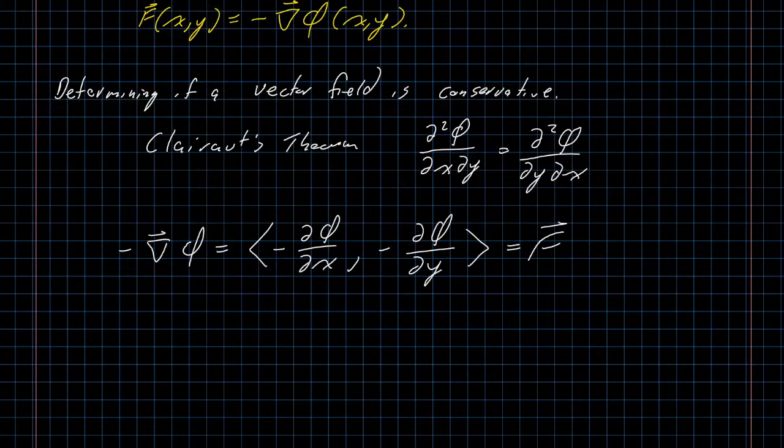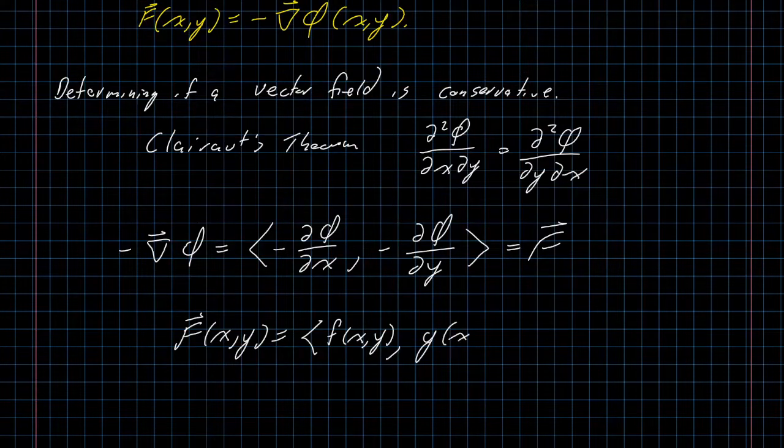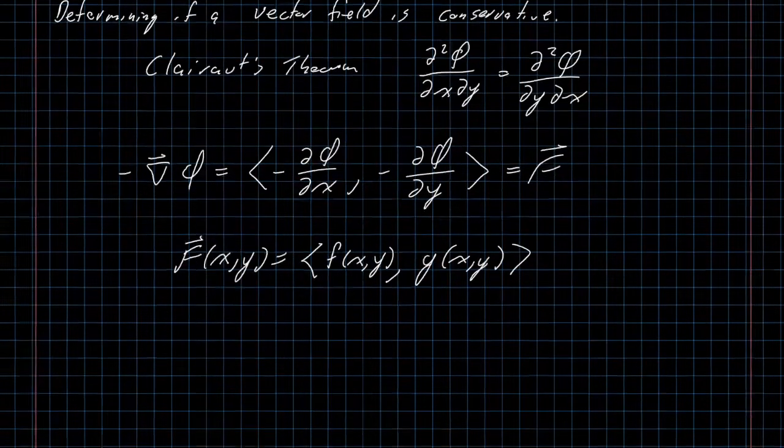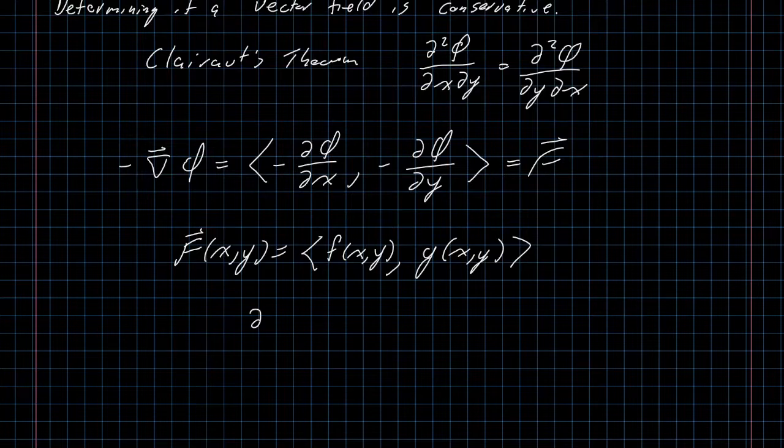So if we take our vector field F and write it as components, little f of x y, little g of x y, and we take the partial derivative of little f with respect to y, and the partial derivative of little g with respect to x, then what we're really doing is taking the partial of phi with respect to x and then differentiating with respect to y, taking the partial of phi with respect to y and then differentiating with respect to x.